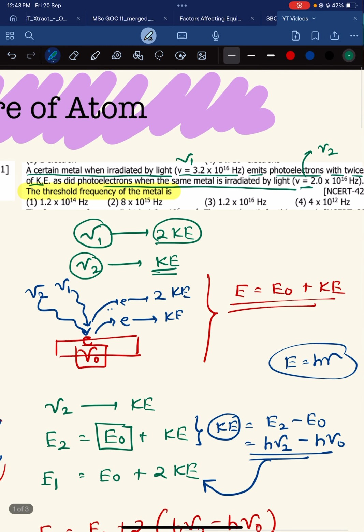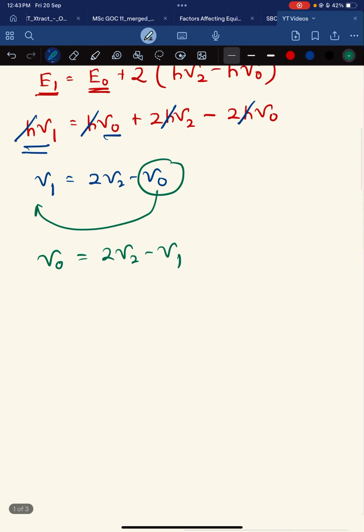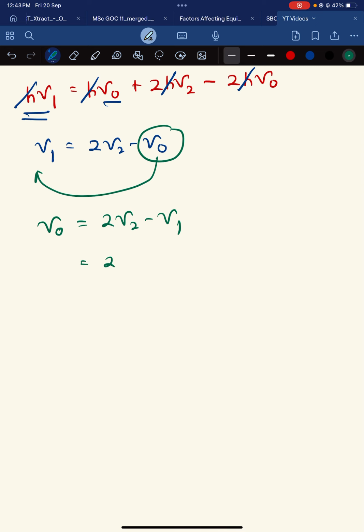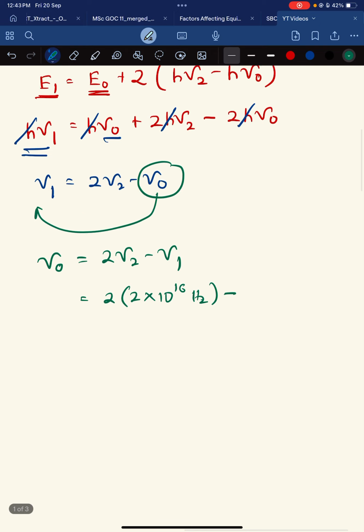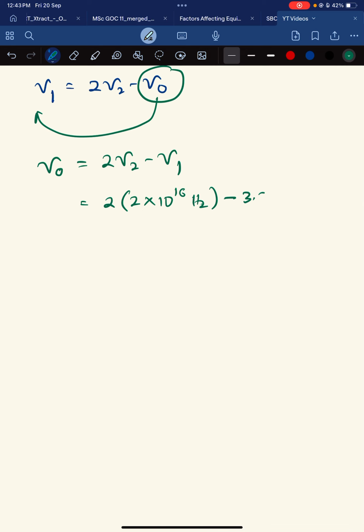The frequencies they have given: mu 2 is 2 into 10 to the power 16 and mu 1 is 3.2 into 10 to the power 16 hertz.